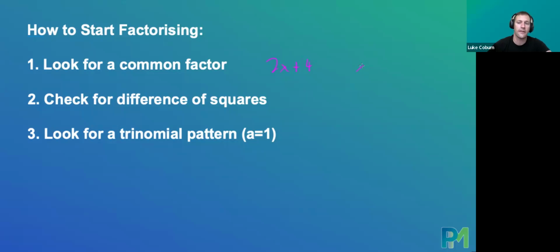Now, we could have like x squared plus 2x, which kind of looks like a quadratic, but it's not because it doesn't have that small number. And we could also have x squared minus 2x, or maybe let's say minus 4x. And this kind of looks like the difference of two squares, but it's not because it has that x there, okay? So this one here, the common factor is x into x minus 4, x into x plus 2, you see?